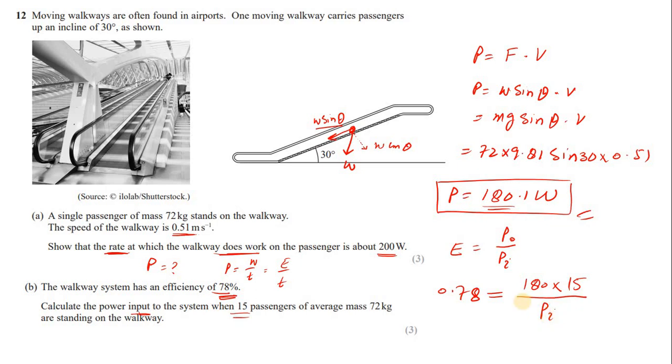Now you can make Pi the subject, so Pi, the input power, will be 3463.5. That means 3.46 times 10^3 watts, or you can say 3.46 kilowatts. That's how you can find it.